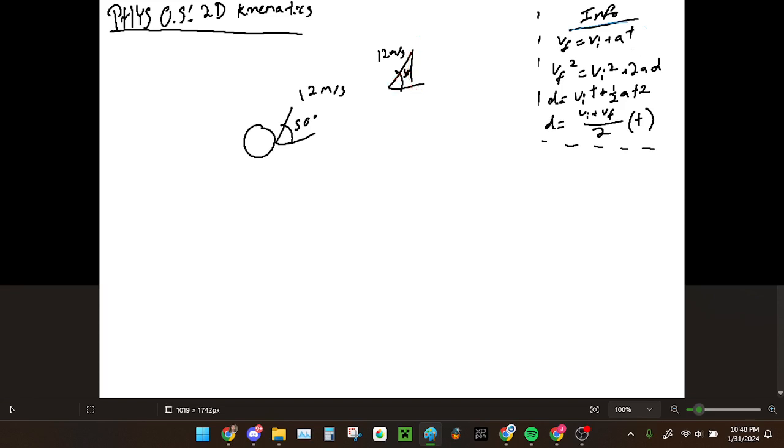So what you always want to do when presented with this is find the initial velocity, horizontal and vertical components, which will be labeled x and y.